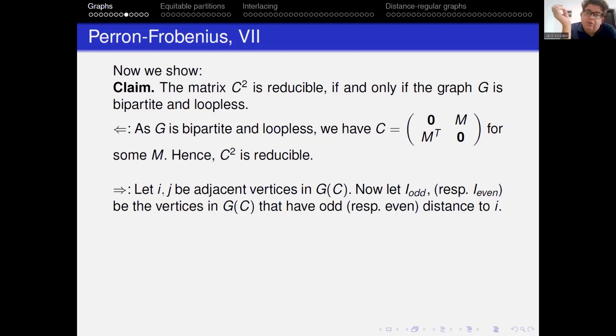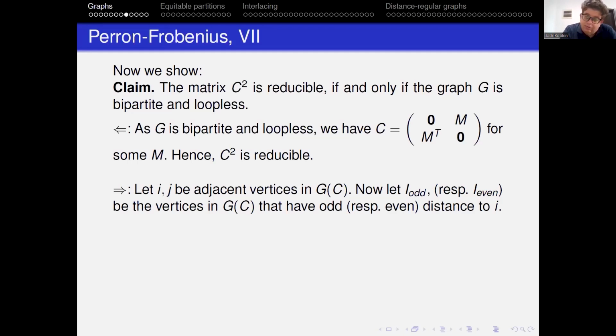Now we want to show that if it is reducible, then the graph C is bipartite. So we let i and j be adjacent vertices in the graph we constructed from C. Then we look at the vertices that have odd distance or even distance to i.